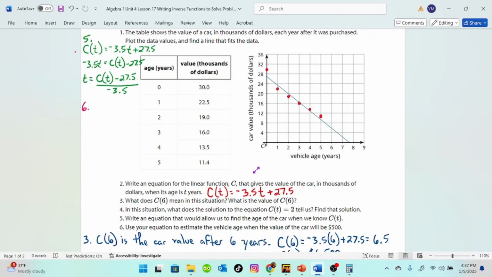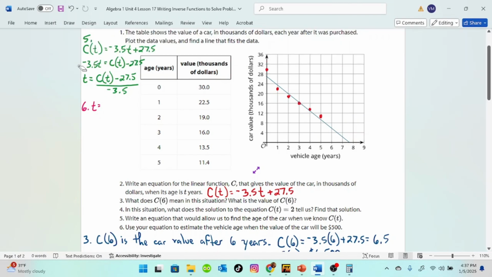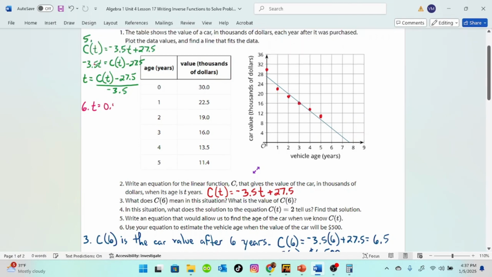The reason that we find this inverse is that now we have an equation where we can substitute the value of the car as the input and because this is thousands of dollars, we're going to write $500 as 0.5 minus 27.5 divided by negative 3.5.